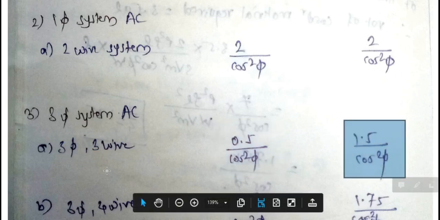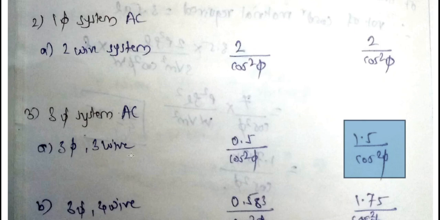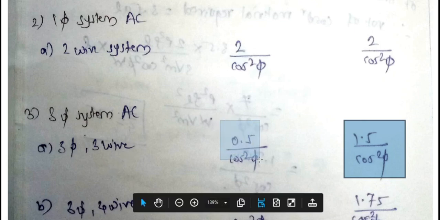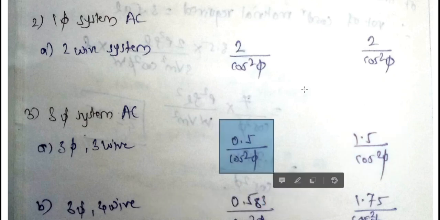So obviously whenever there is a case of three phase three wire system, then we have to choose the volume of conductor required as 0.5 divided by cos square phi.